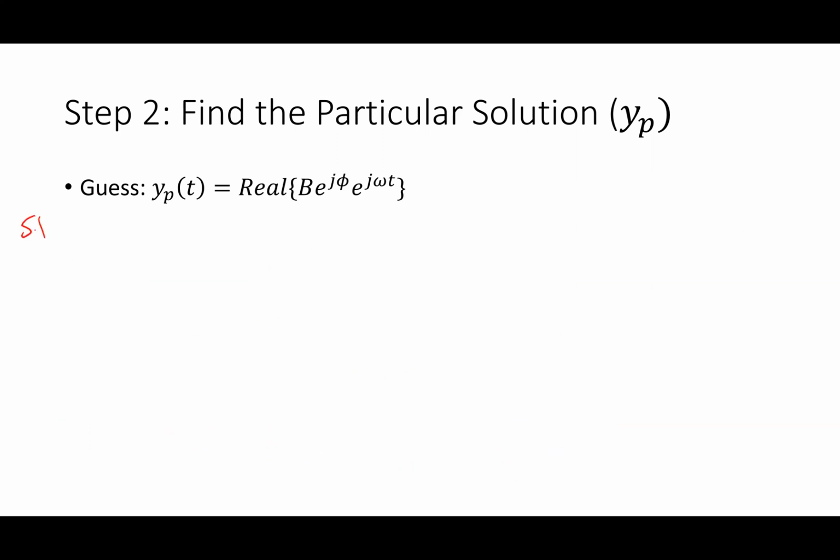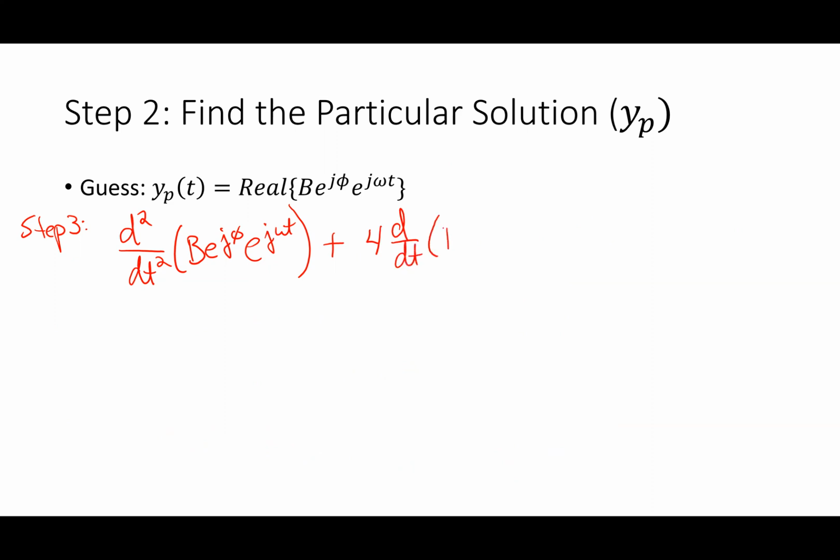So step 3, I say I have d squared by dt squared of b e to the j phi e to the j omega t plus 4 d by dt of b e to the j phi e to the j omega t plus 3 times b e to the j phi, or is it 3?